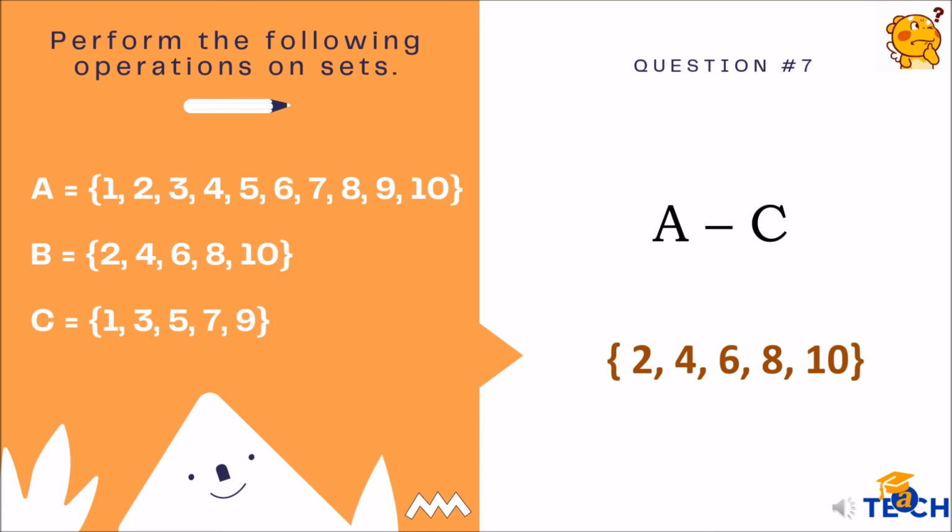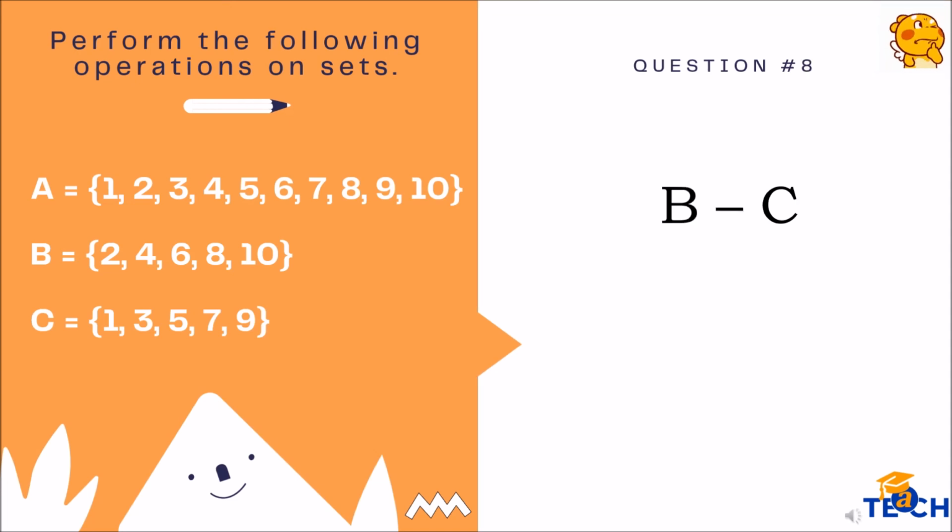Meaning these numbers can only be found in set A. Okay, next question we have, what's the difference between set B and set C? Okay, very good. The difference between set B and set C is numbers 2, 4, 6, 8, and 10. These numbers can only be found within set B.